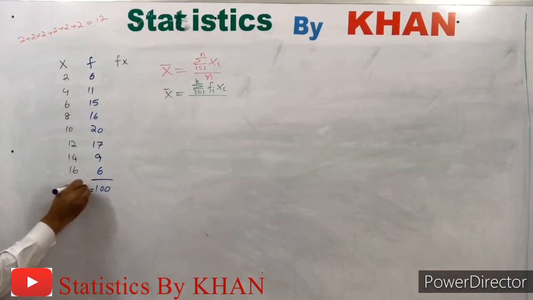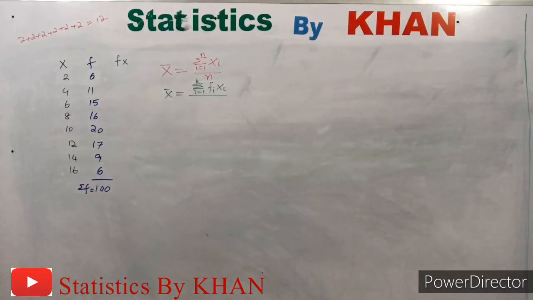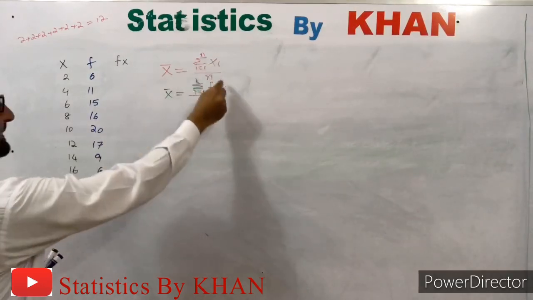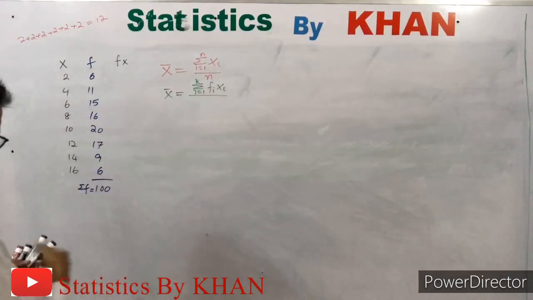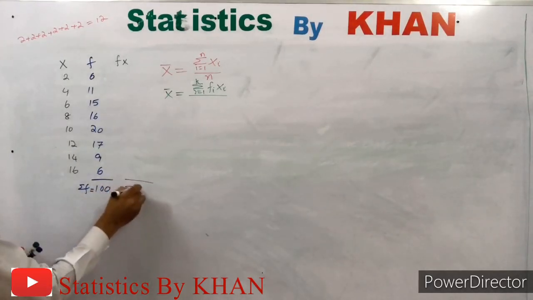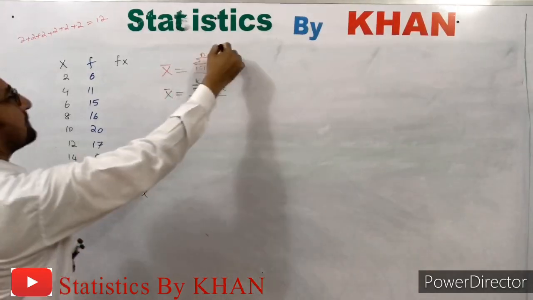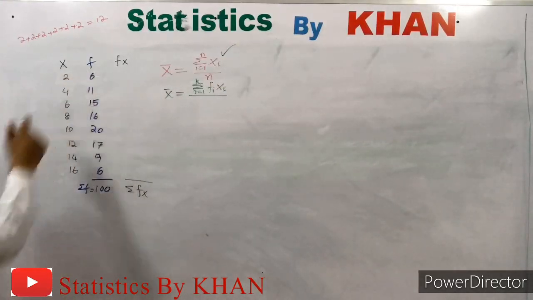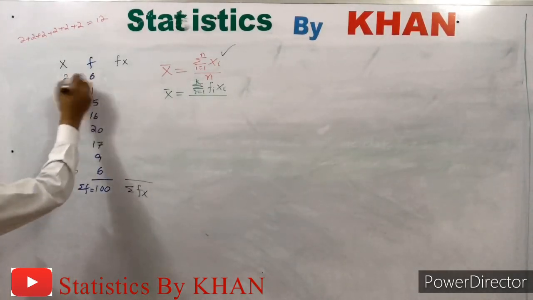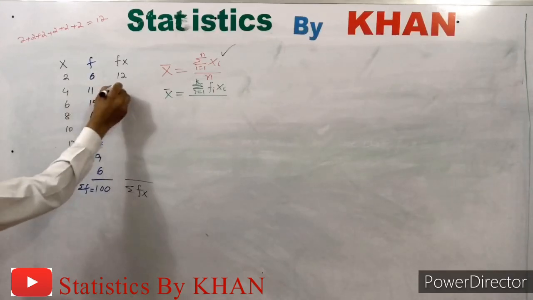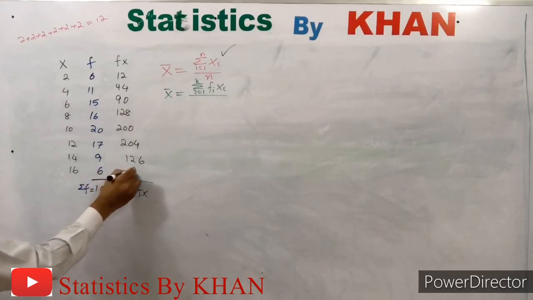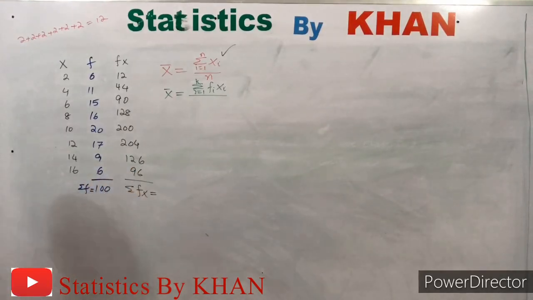So this is summation i from 1 to k of fi xi. This total will be equal to this, so I'm multiplying these two. If I multiply them, this will be 12, this will be 44, and the last one will be 96. So the total would become 900.